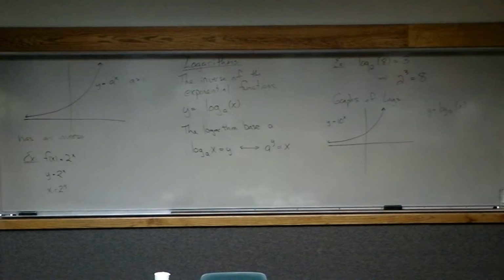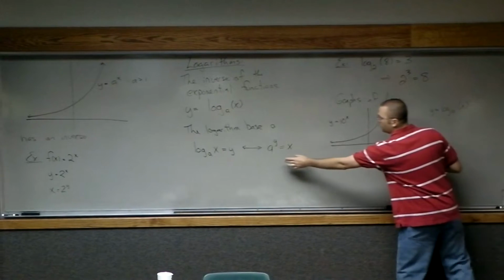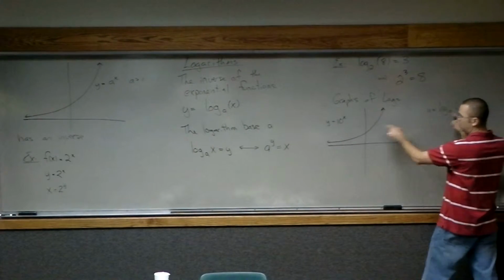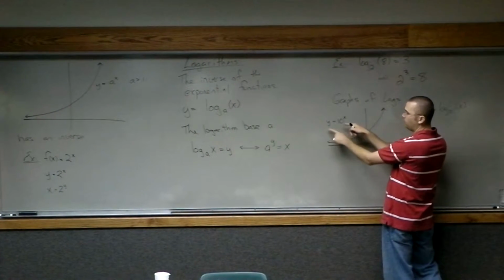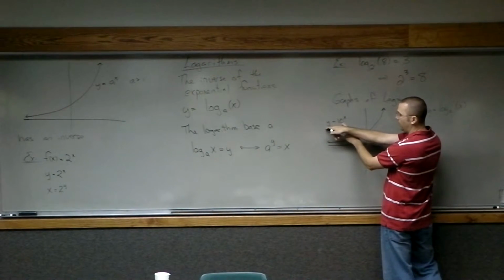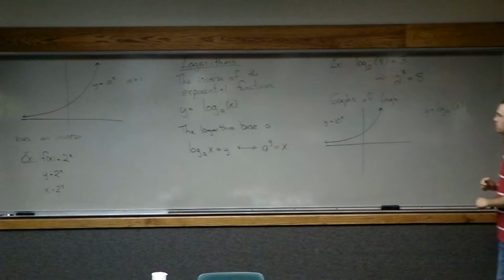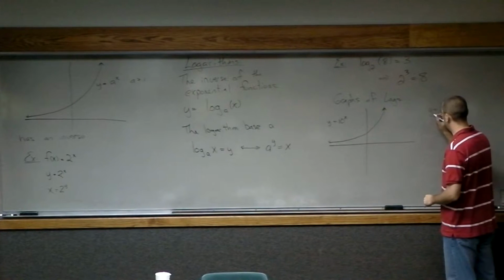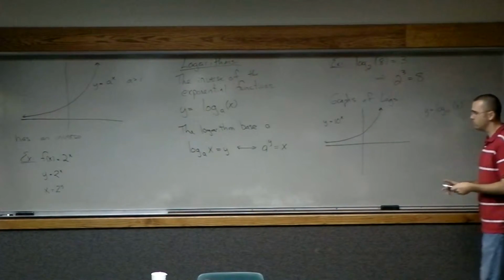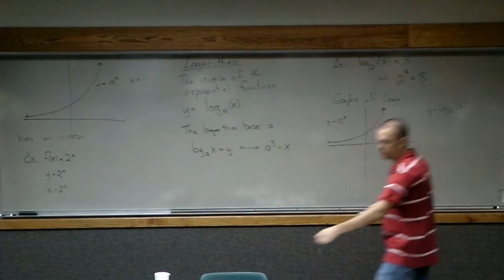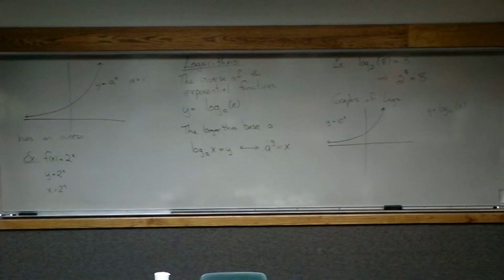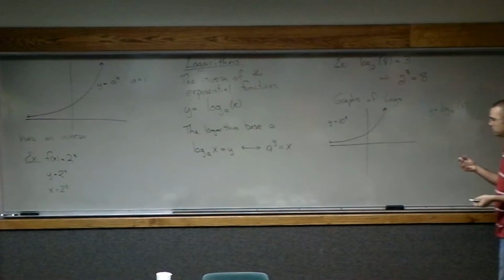Again, if you plug them into this relationship, you'll see that 10 to the y equals x. Well, that's exactly what we get if we switch the variables. All right, so this is the inverse. What is the graph of this thing going to look like? We talked last time about the relationships between graphs of functions and their inverses.